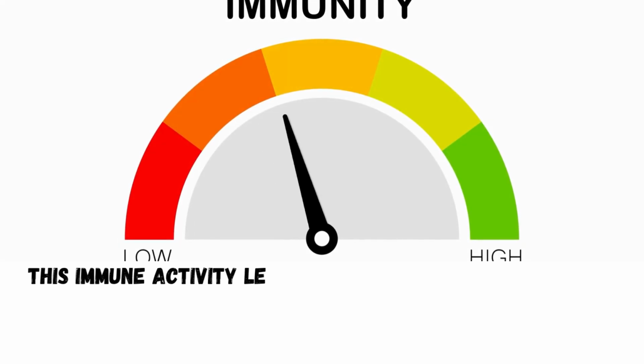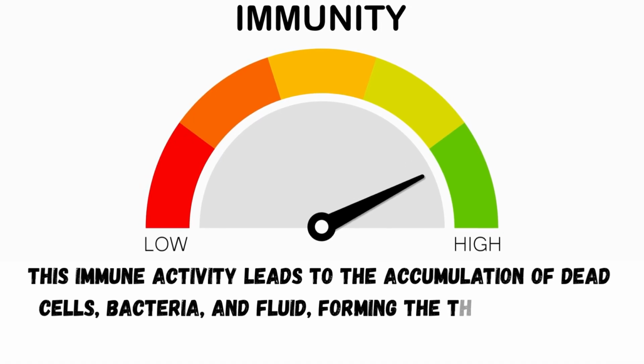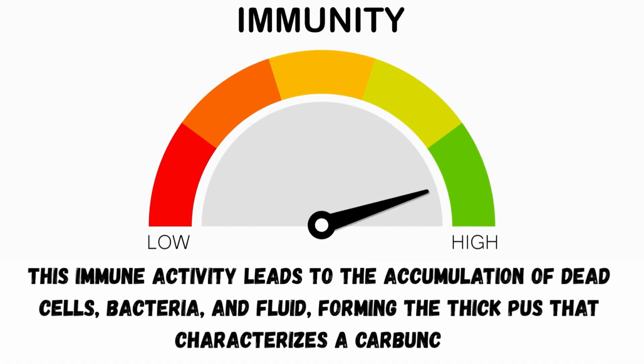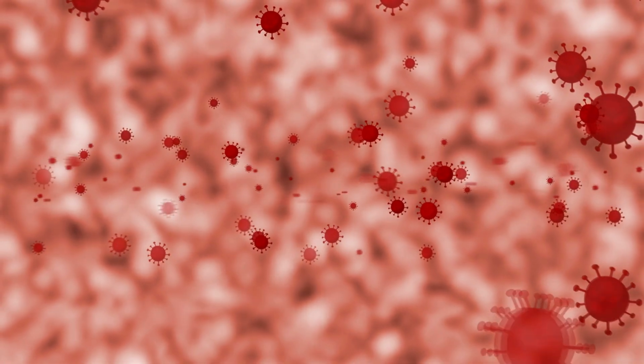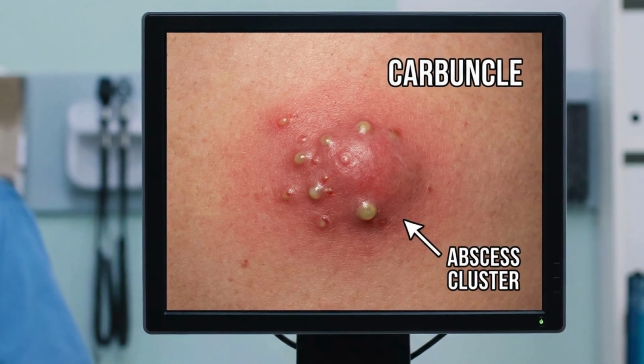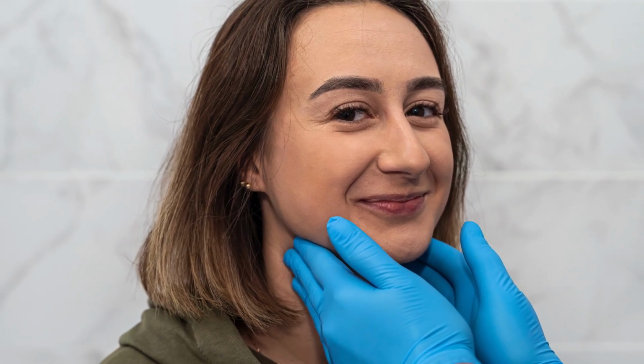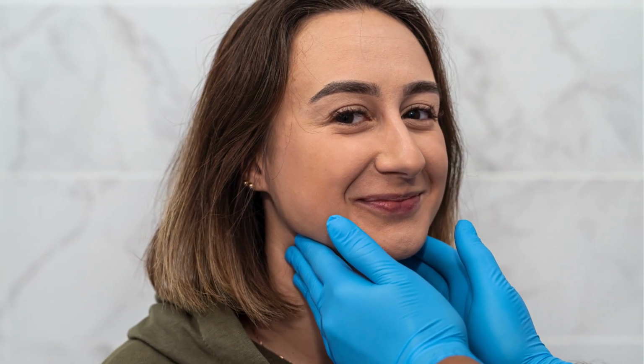This immune activity leads to the accumulation of dead cells, bacteria, and fluid, forming the thick pus that characterizes a carbuncle. As the infection spreads across neighboring follicles, small abscesses merge into a larger interconnected mass, which is why carbuncles tend to be larger, deeper, and more painful than individual boils.